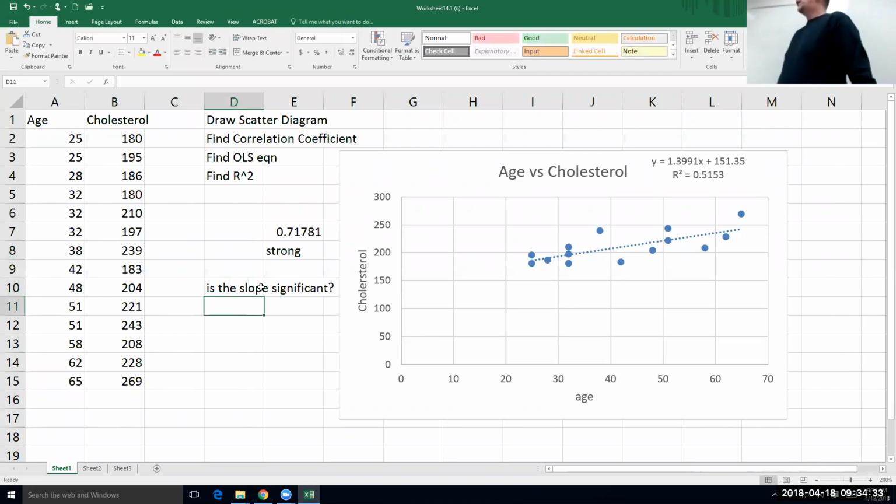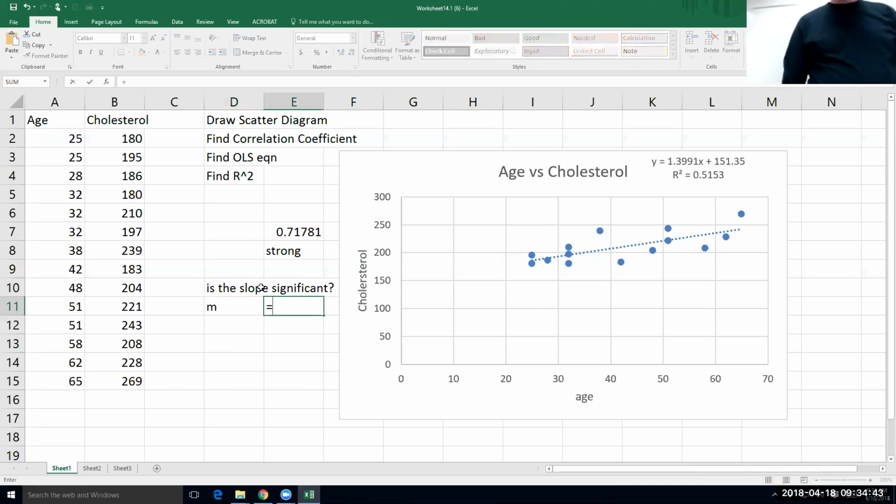We're going to do a hypothesis test on the slope. What is the slope, first of all? 1.3991. Yeah, so your slope equals 1.3991. Do you remember how to find that without clicking on the point? Can you find that by hand?